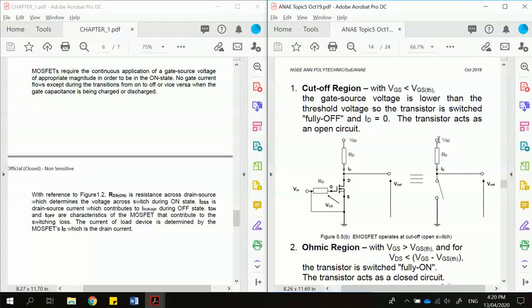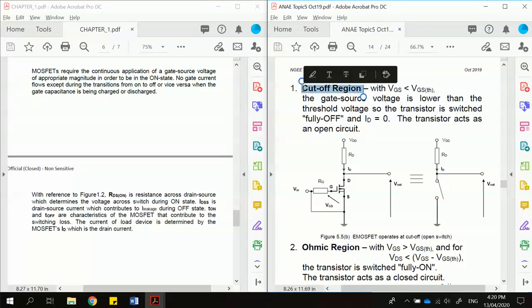Students, do take note that the power supply over here is VDD. So there is another power supply that is connected to VDD, either a battery or some kind of benchtop power supply. So this is what we call the cutoff region.